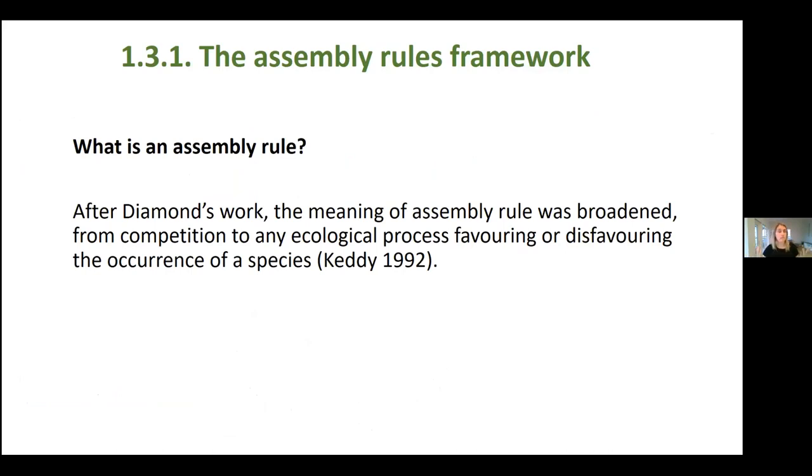However, after Diamond's work, the meaning of assembly rule has broadened from competition to any ecological process favoring or disfavoring the occurrence of a species.